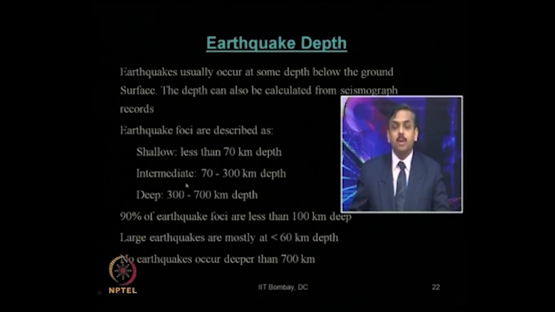Intermediate earthquakes are those where the earthquake foci are at a depth of between 70 to 300 kilometer from the ground surface, and deep earthquakes are those where earthquake foci are located between 300 to about 700 kilometer depth below the ground surface.